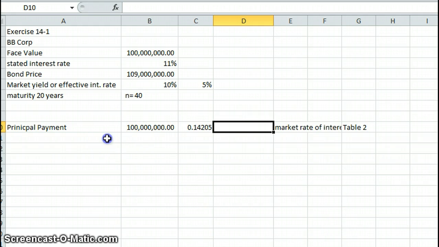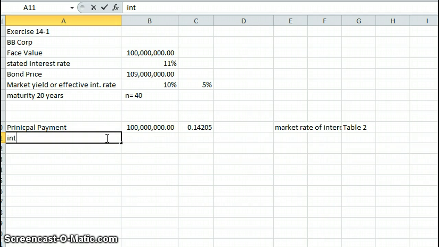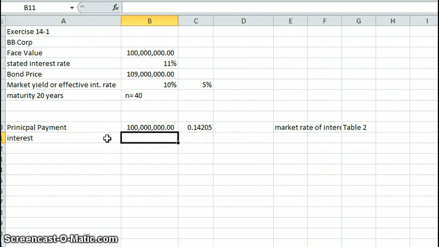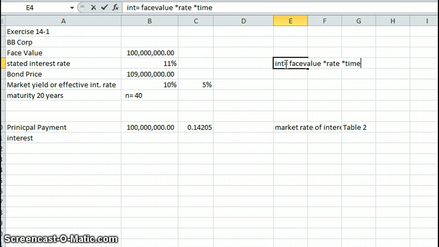The next thing we're going to do is the interest. We would receive interest twice a year. So calculate it here: interest is equal to the face value of the bond times the rate times time.